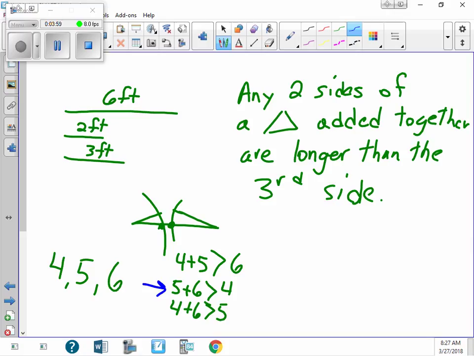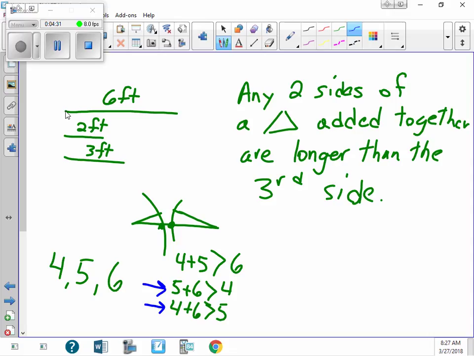And the same thing happens here. 4 plus 6 is bigger than 5. Well, 6 is bigger than 5. So the triangle inequality is generic, and it applies to all 3 sides, any combination of 2. But there's only one of them you actually have to check. The only one you have to check is the 2 small sides added together are bigger than the big side.